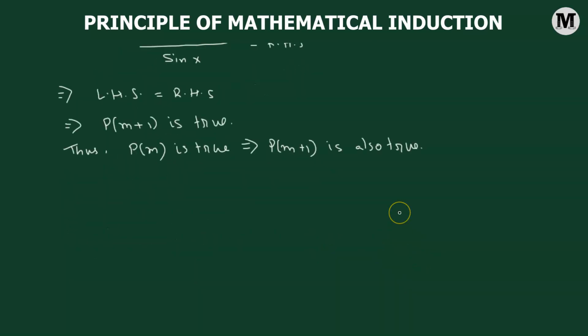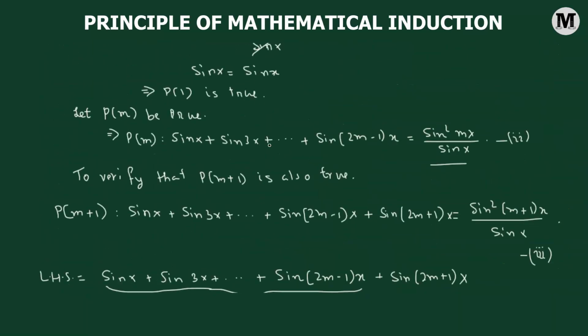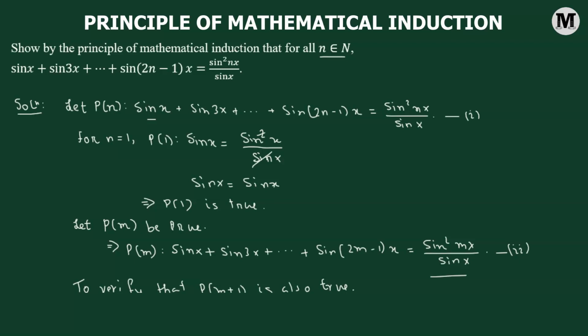So by the principle of mathematical induction, we can say that the original statement P of n is a true statement for all values of n belonging to the set of natural numbers. That means any natural number that we pick up, including m and m plus 1, the statement P of n is always going to be a true statement. So we have successfully verified our problem.